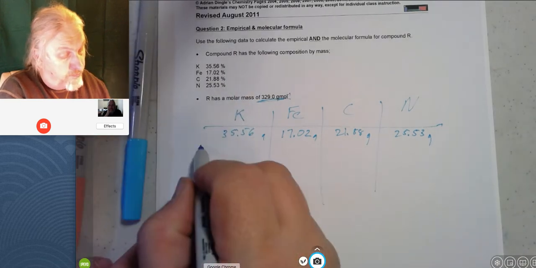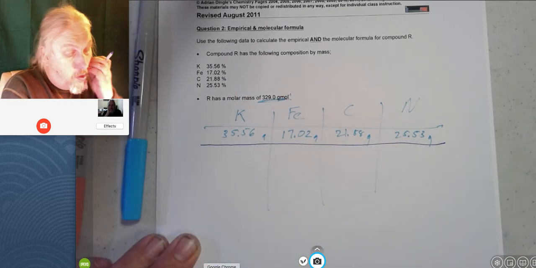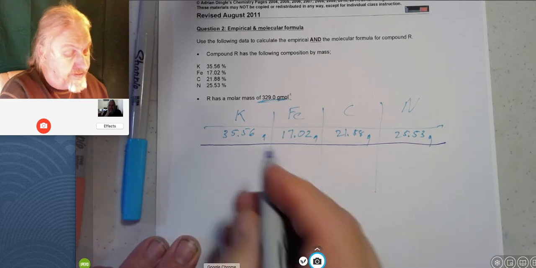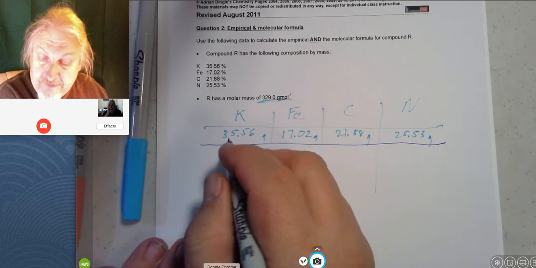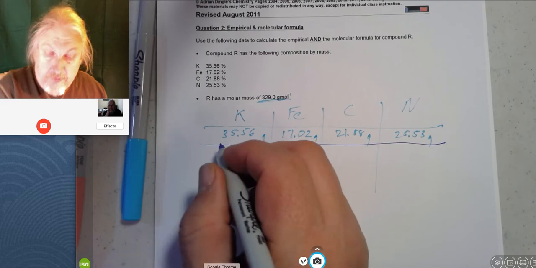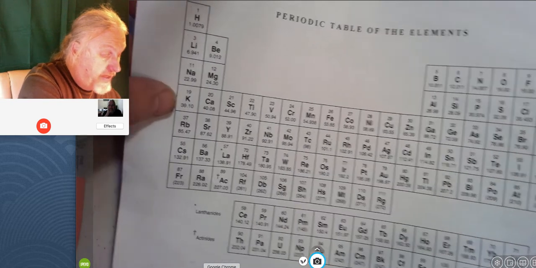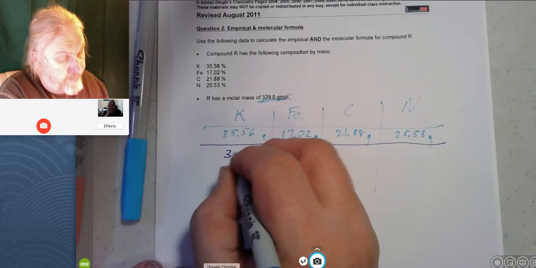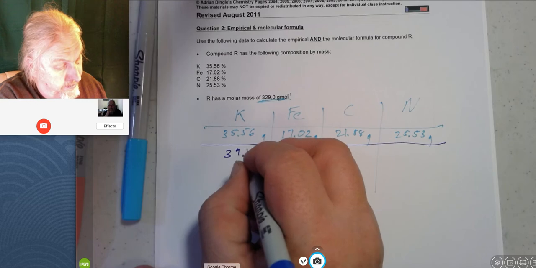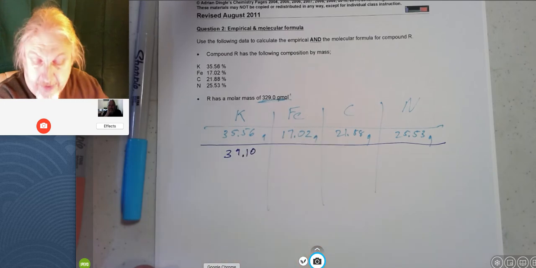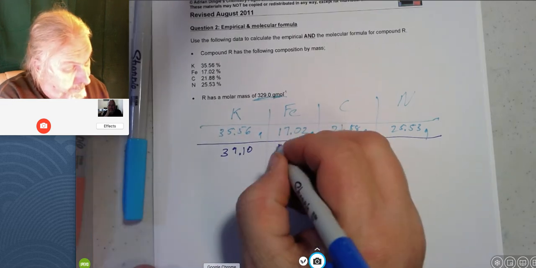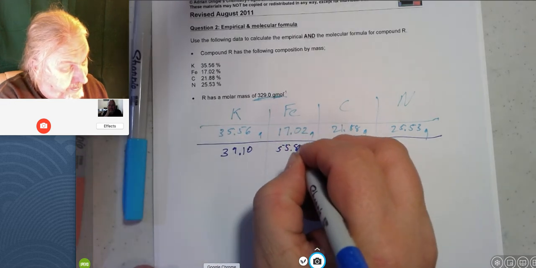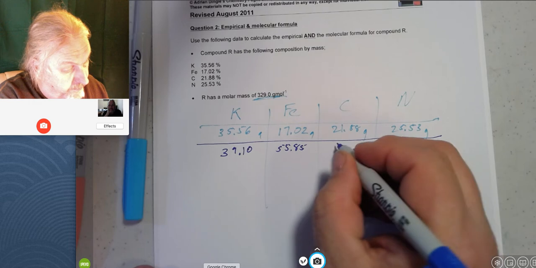Now we're going to write our molar masses, our gram atomic weights, from the periodic table. Potassium, K, is 39.1. Iron is 55.85 grams per mole.